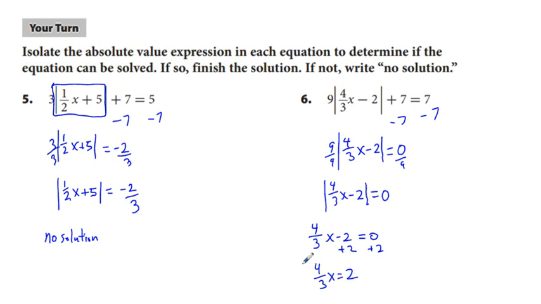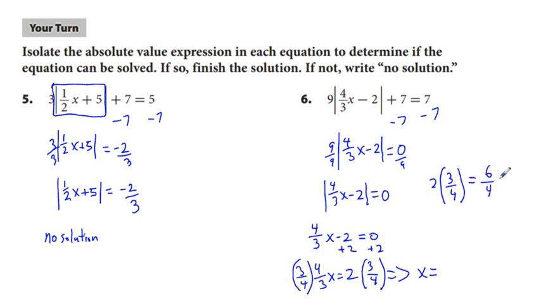And now if we multiply both sides by the reciprocal of 4/3, which is 3/4, we're going to have x is equal to, I'm going to put aside here, 2 times 3/4 equals 2 times 3 is 6, divided by 4, which simplifies to 3/2. So we have 3 halves for our answer here, one solution.